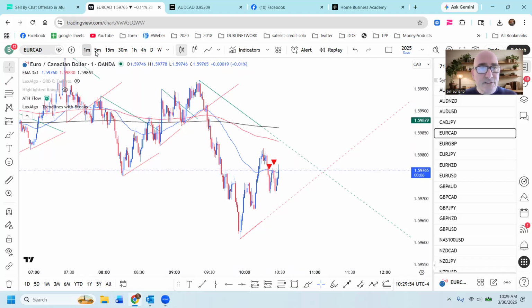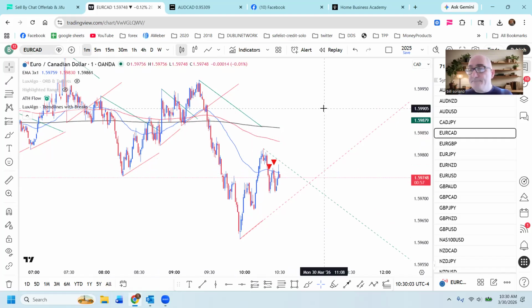I like to look at the 5 and the 15, and I like to make sure that the moving average trend is aligned on all three time frames. That just helps me stay out of some trades that end up being bad trades.